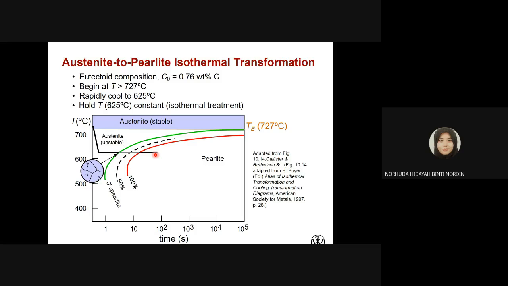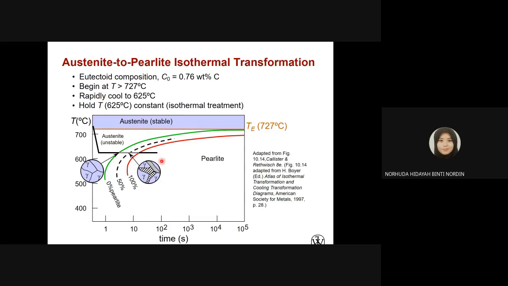Here you can see that at the green line, there is still austenite because nothing has transformed, so 0%. So the micrograph is like this: austenite. In the middle, there is 50% pearlite and 50% austenite. So there is still austenite here.